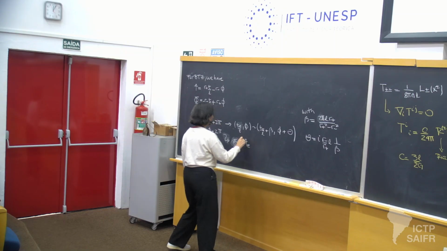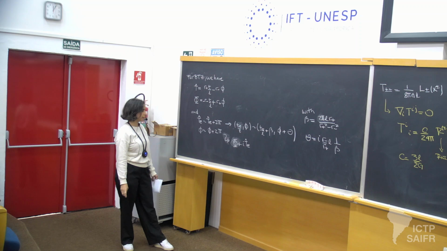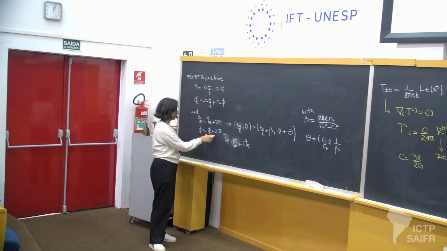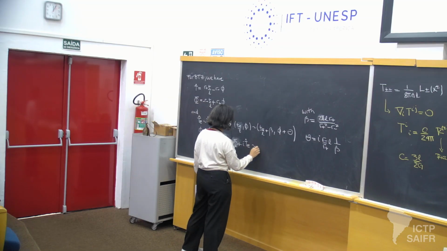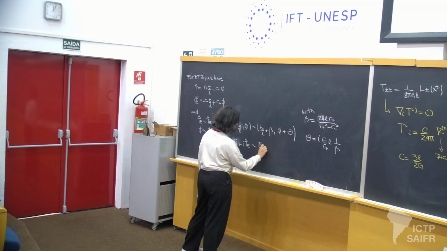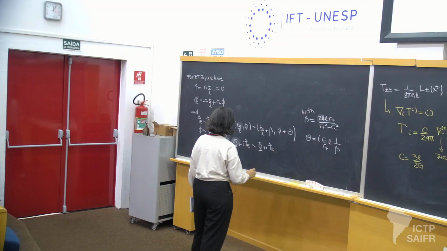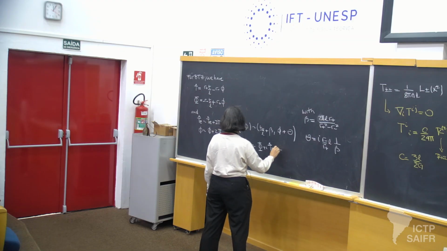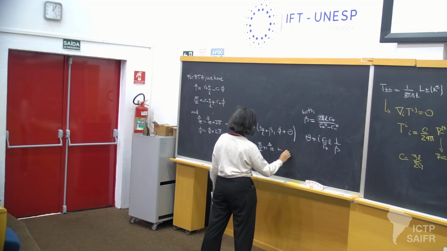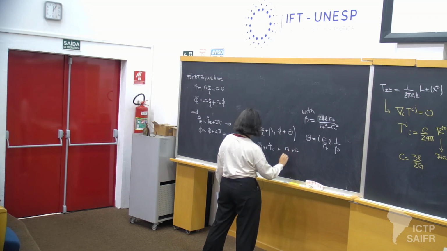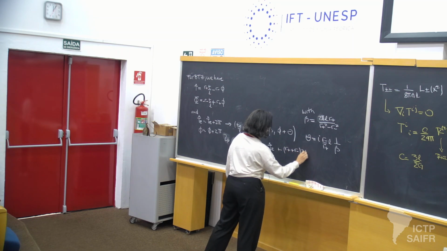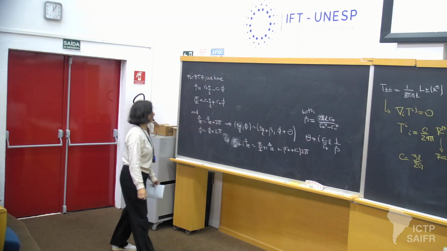So it's convenient to complexify these 2 coordinates like this, just so that I can write one identification. Basically, this identification tells you that this combination will be periodically identified with R plus over R minus, times 2 pi. Okay?